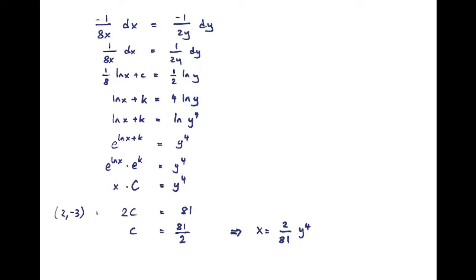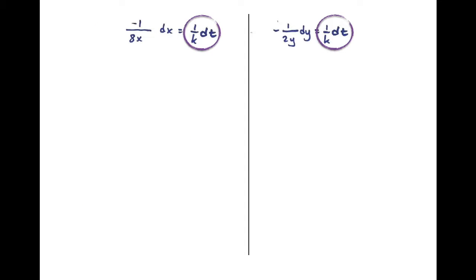I'll do this problem a second time, this time solving each differential equation separately, but you don't have to copy that if you don't want to. This is where we were, where we chose to substitute. If we don't substitute 1/k dt, we work on the first differential equation.